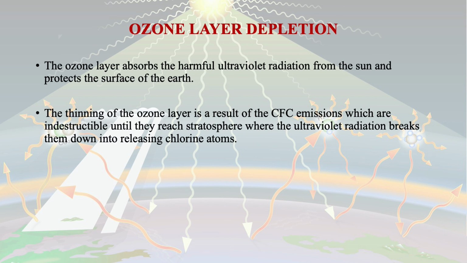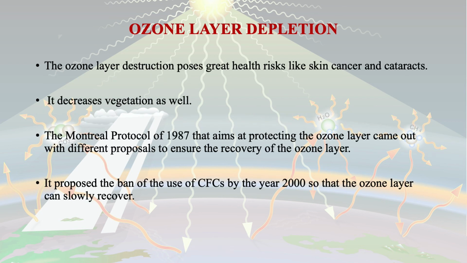The Montreal Protocol of 1987, which aims at protecting the ozone layer, came out with a different proposal to ensure recovery of the ozone layer, and it proposed the ban of the use of chlorofluorocarbons by the year 2000. Many countries are trying to implement it, but some are not implementing as the international community is expecting.